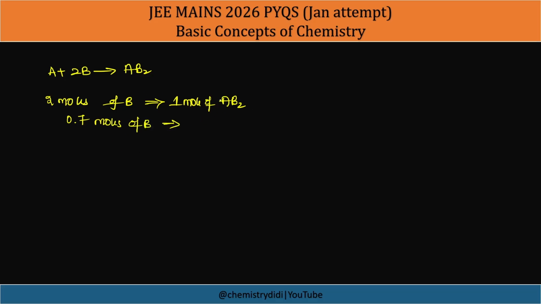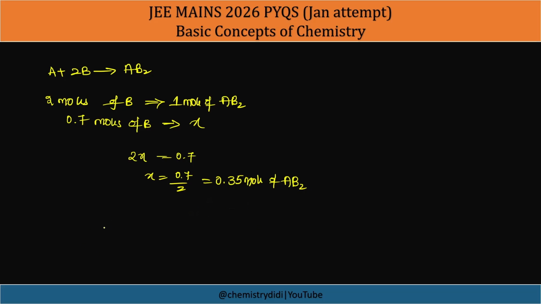I mean, how many moles of AB2 will be produced? You can say just X, or you can solve like this: X will be 0.7 by 2, which is equal to what? 0.35 moles. So for 0.7 moles of B, 0.35 moles of AB2 is produced, right?